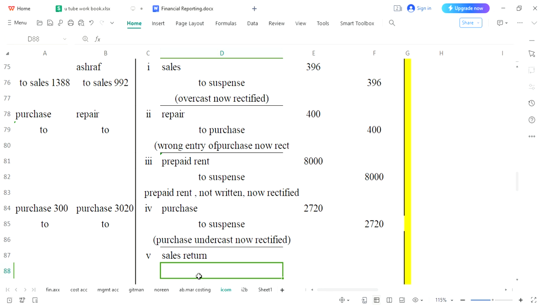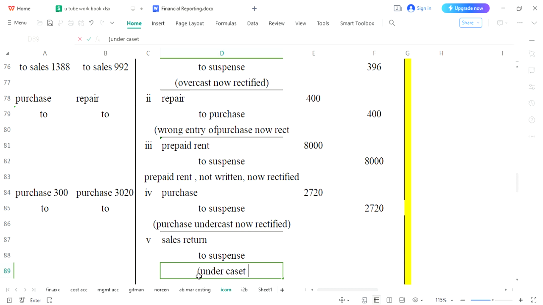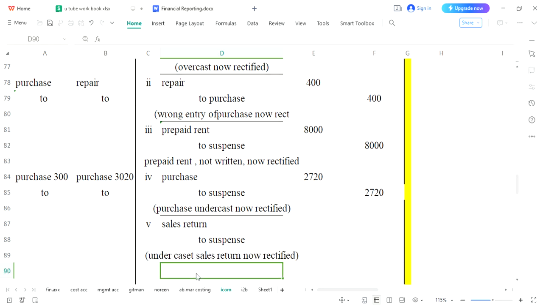There is nothing present on the credit side, so you may write suspense over here, and now undercast sales return, now rectified. In this way, guys, this entry has been completed.